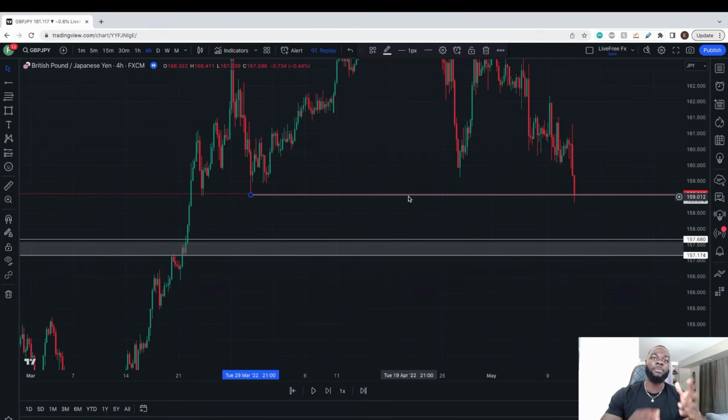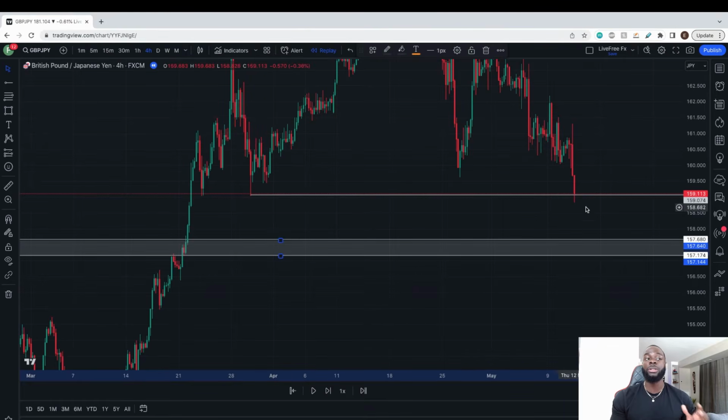But it's important that when you are focusing on the highs and the lows, you're also mapping out key levels where price is likely going to be rejecting from, because when the market is done taking out the highs, or in this case taking out the lows, what's going to cause that reversal is a powerful key level. And right now on the daily time frame, we have an area that is mapped out that has the potential to cause a price reaction. And let's see if it actually does.